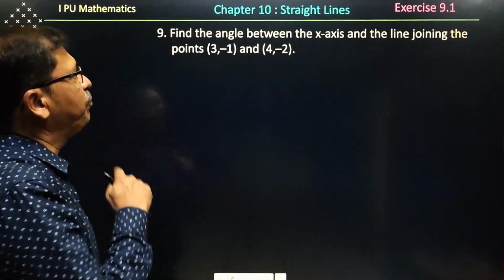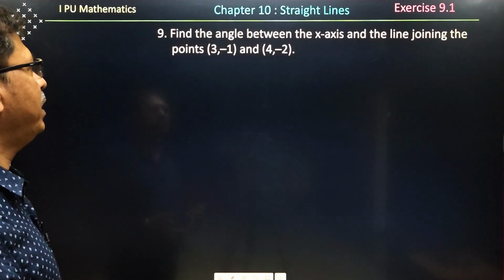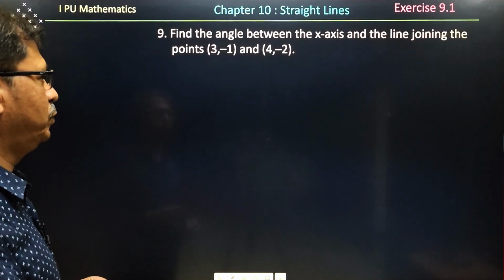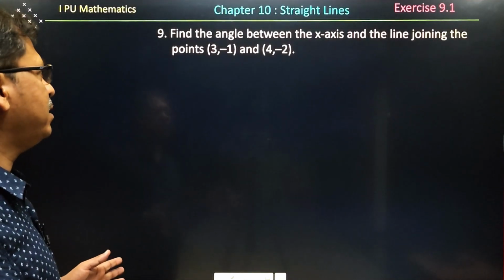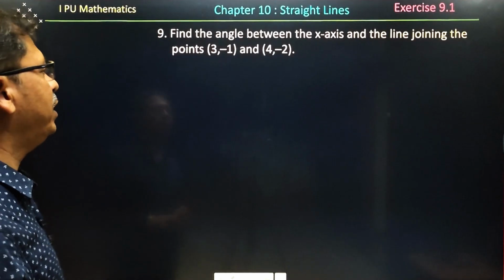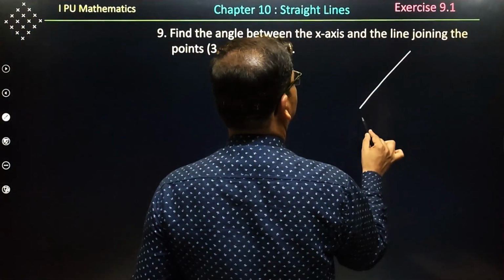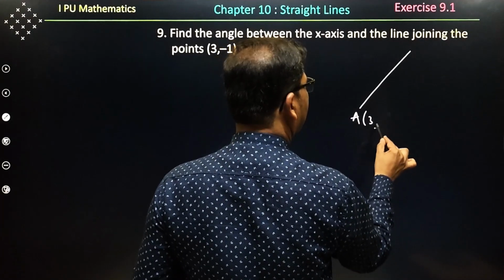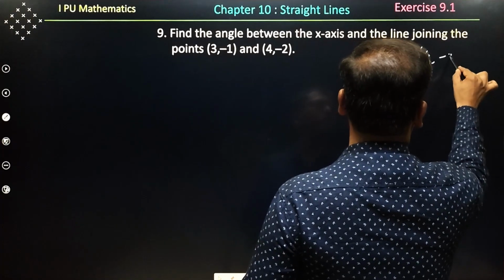Next question, look. Find the angle between the x-axis and the line joining the points 3, -1 and 4, -2. Angle between the x-axis and the line joining the points. See, this is your line joining the points, 3, -1, and then this is B, you take it as 4, -2.